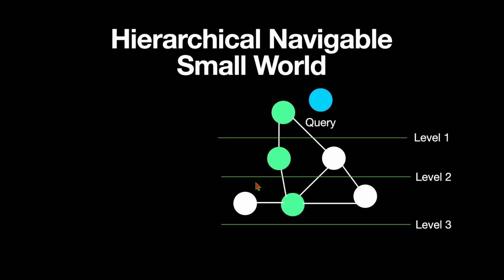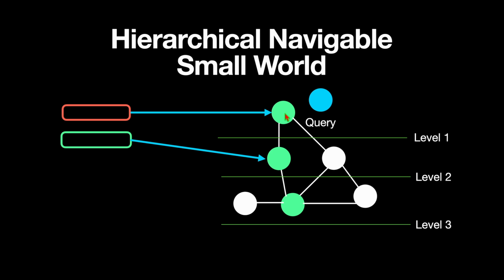That problem is overcome by hierarchical navigable small world. In this case, we have different levels or hierarchies. Whenever we get a query, we always start with the node at the top. We match the query with one of the nodes in level 1. In this example, we only have one node, but there could be multiple nodes. We choose one of the nodes at the top level randomly, and we look for the most similar node for this one.